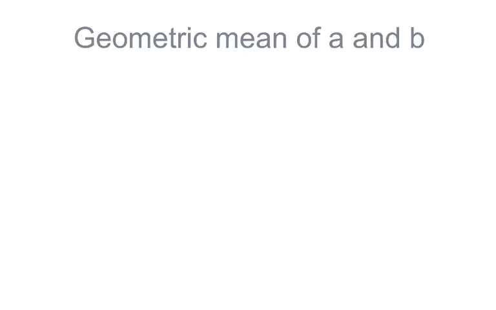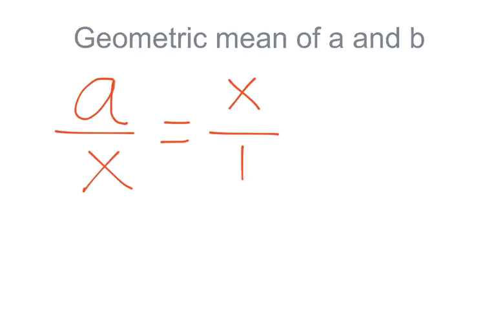Now the next thing in your notes we're going to talk about is the geometric mean. I know there's a spot for a definition. On your notes we're not going to put a definition. I'm just going to kind of show you an example of what it is. So the geometric mean of A and B, all that means is if I set up something like this. Okay?